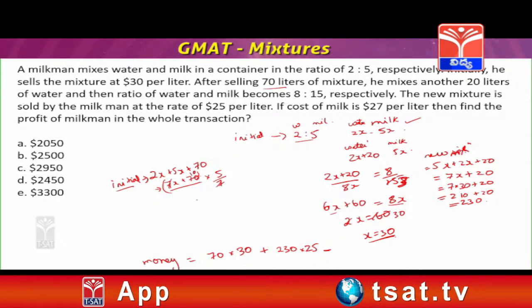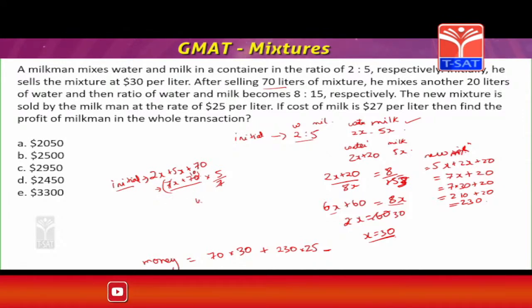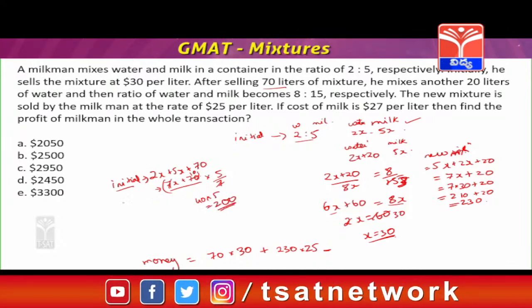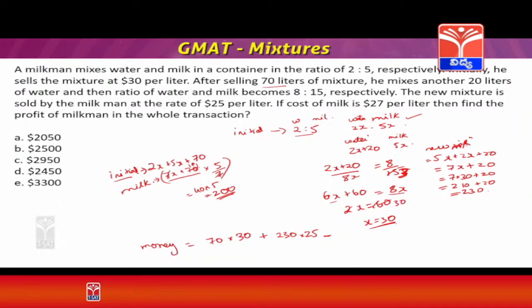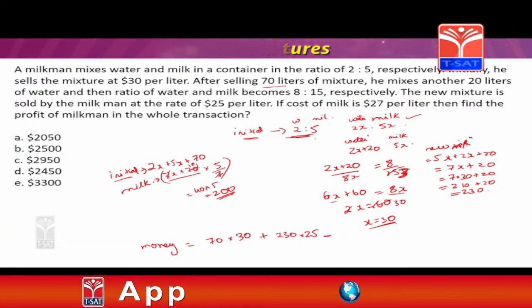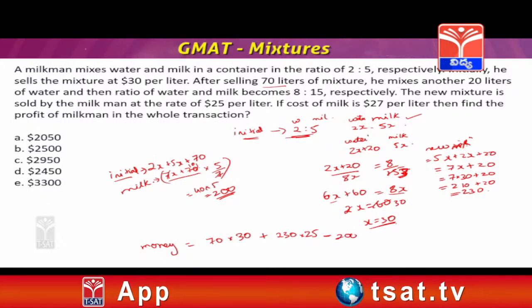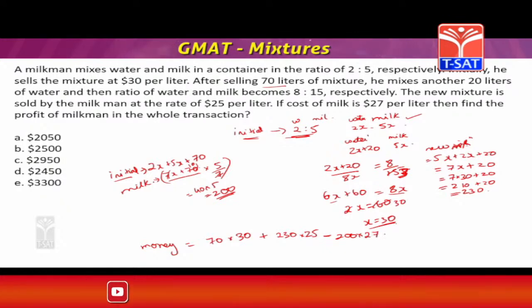You have (x plus 10) into 5. So, x is 30, so 40 into 5, which equals 200, is the amount of milk in the original solution, since the initial ratio of water to milk is 2:5. So, he had to pay 200 into 27 for the milk.